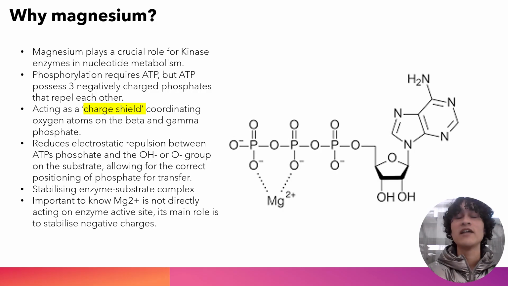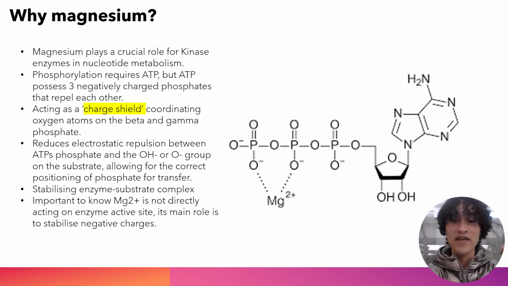Even with deoxyadenosine monophosphate, which contains one phosphate, the hydroxyl group on that phosphate is also going to be negatively charged. A different example, the outlier here, would be thymidine monophosphate or thymidine diphosphate, which instead of a hydroxyl group is going to have that O-.